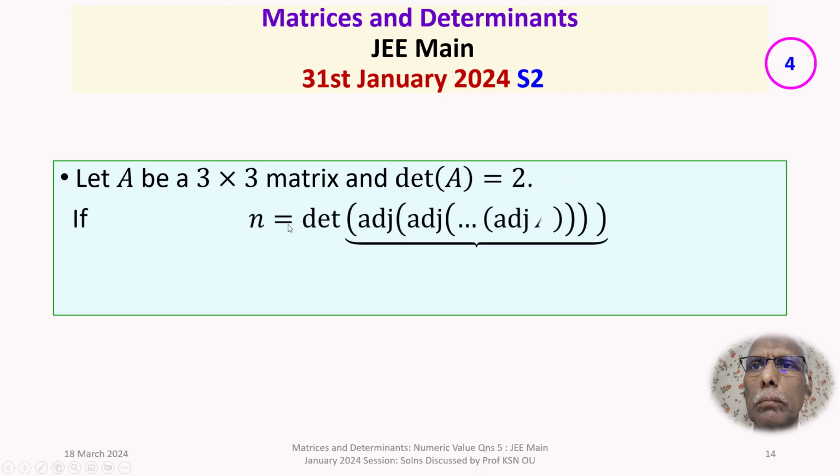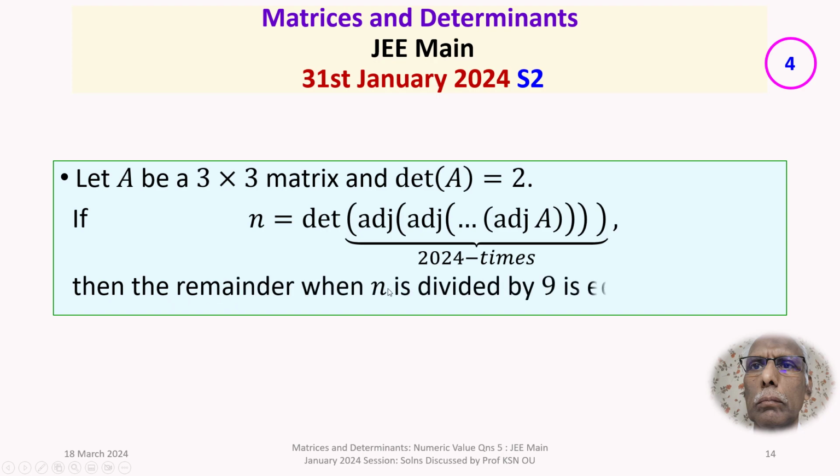If n is the determinant of adjoint of adjoint of, et cetera, adjoint of A, 2024 times, then the remainder of n when it is divided by 9 is equal to what? The remainder when n is divided by 9 is.